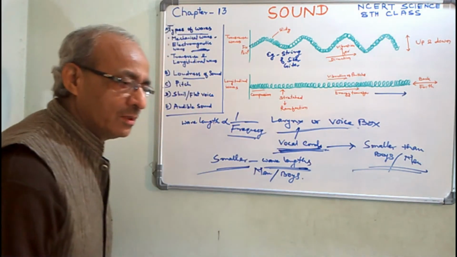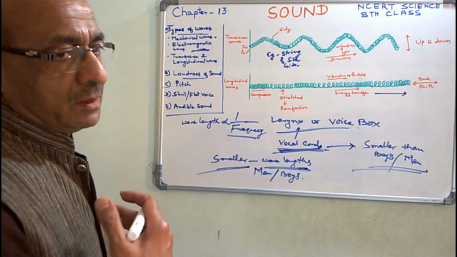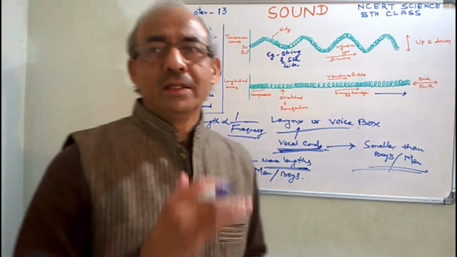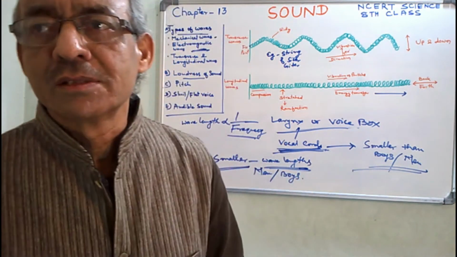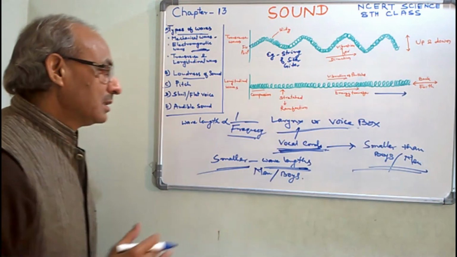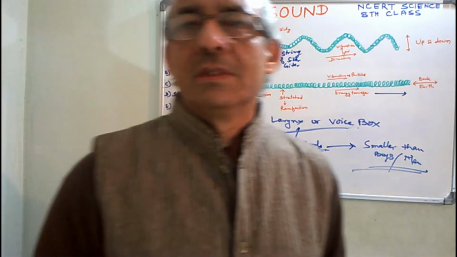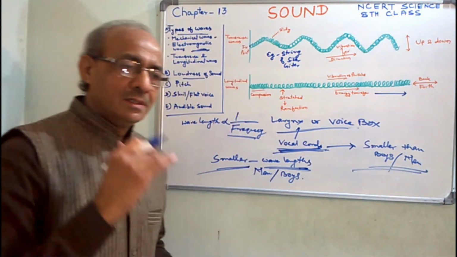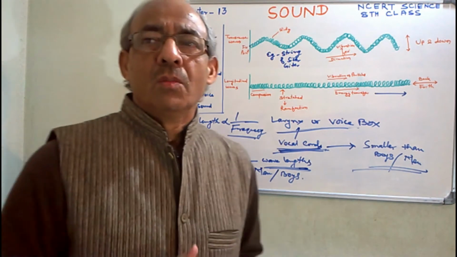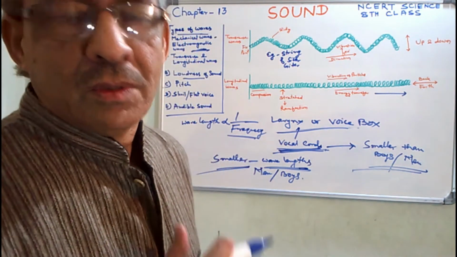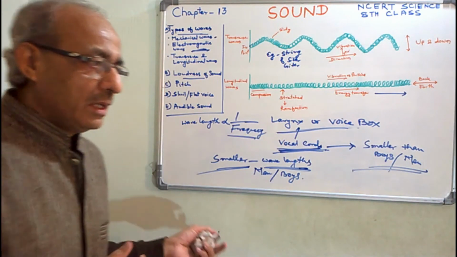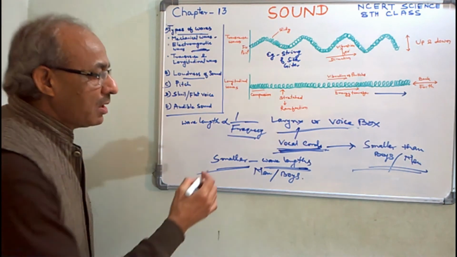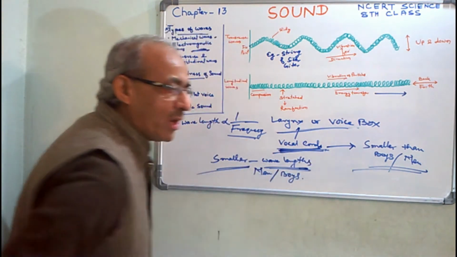This is the reason why the voice of the girls and infants, small children and women is shrill, because their voice is having more frequency. Clear? And contrary to them, the vocal cords of the men and boys are larger.